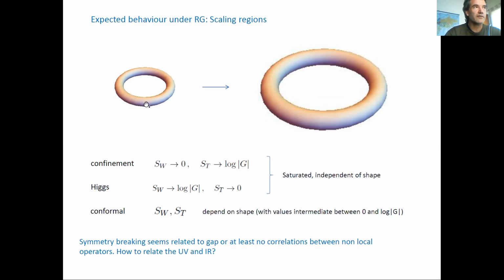Once one of them starts dominating as you increase the size, it will make the other one go to a smaller value. So at least naively, there is something like an instability of the symmetry between the complementary operators, the dual operators.